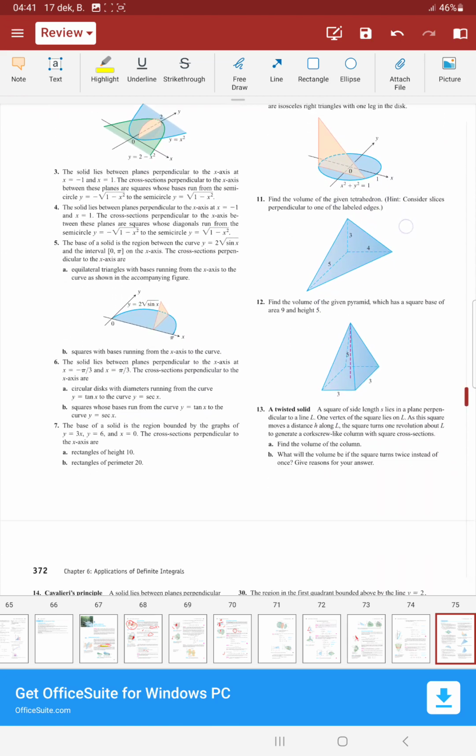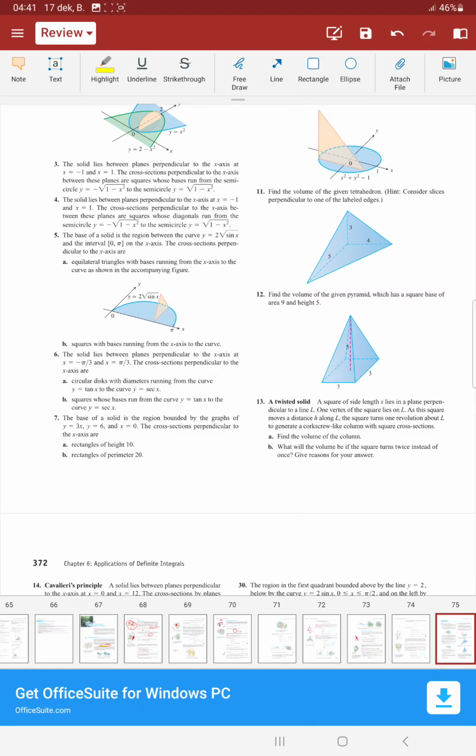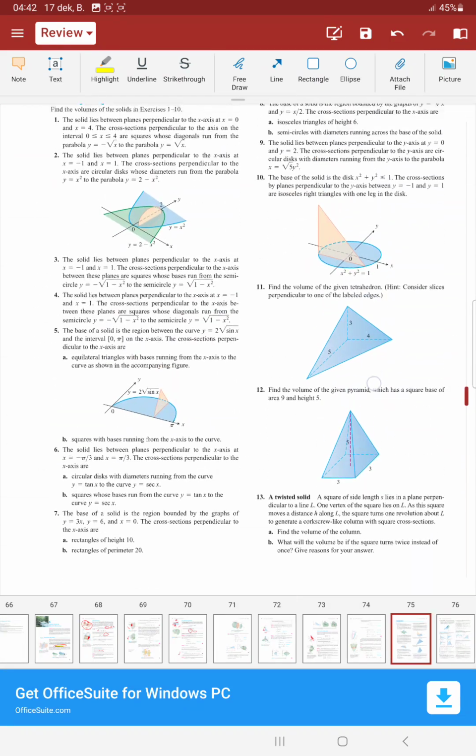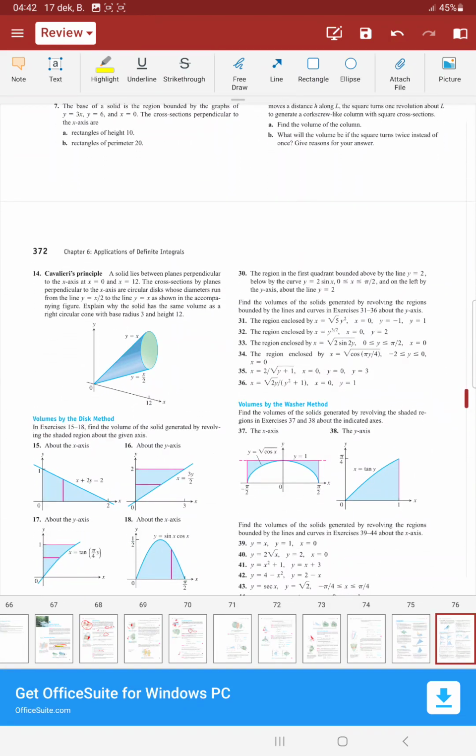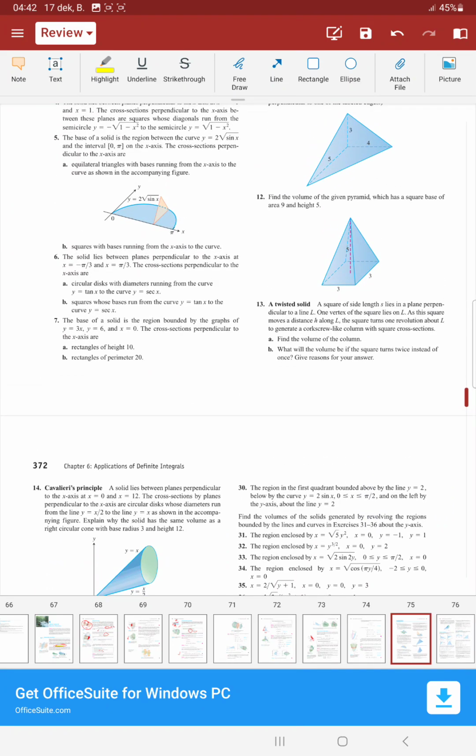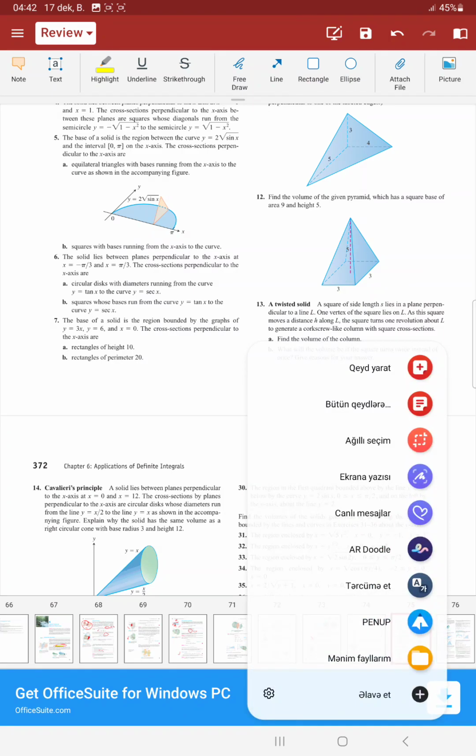Okay, it started from 31, I think. Do we have something before it? Okay, 17. But I would like to solve one question from each section. Let's see how it will go.